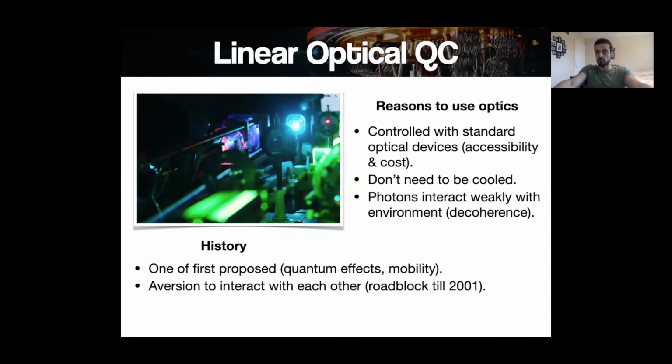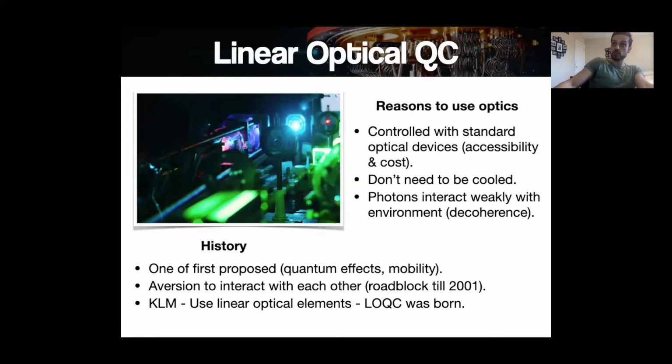This was a serious roadblock until 2001, when Knill, Laflamme, and Milburn proposed a way to do optical quantum computing using linear optical elements. So I should mention, regarding the aversion photons had to coupling with one another, there were ways that you could do it using non-linear optical systems.